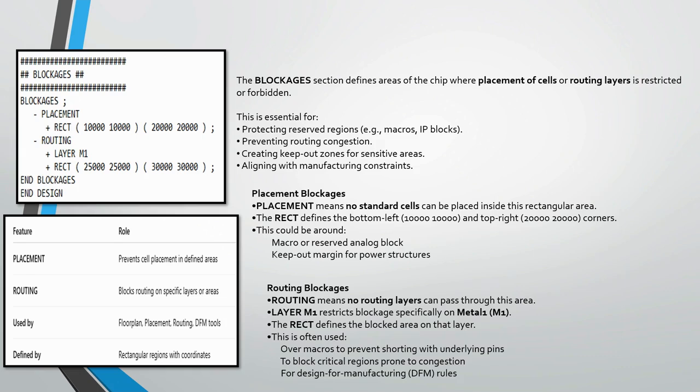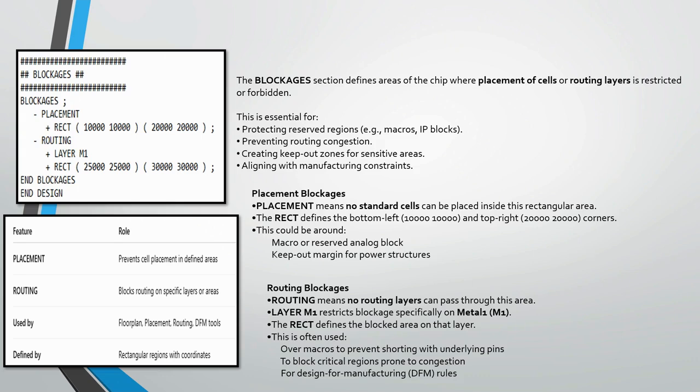Placement means no standard cells can be placed inside this rectangular area. The rect defines the bottom left, 10,000 10,000, and top right, 20,000 20,000, corners. This could be around a macro or reserved analog block, a keep-out margin for power structures.